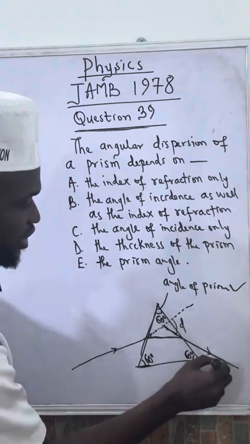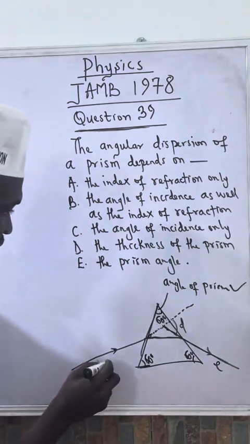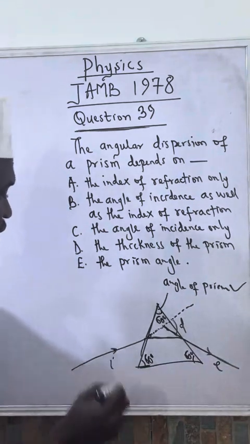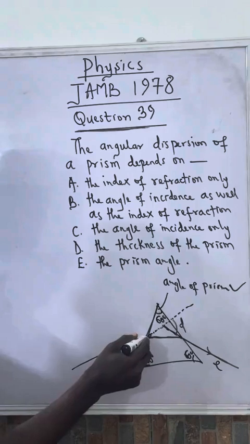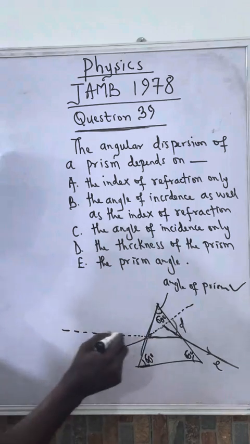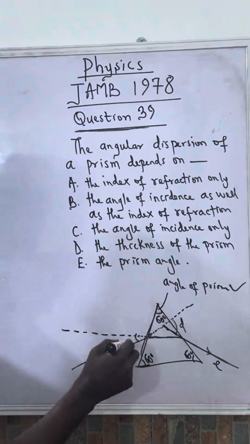This is known as the emergent ray, and this is known as the incident ray. Now we can extend this line also. This line indicates the incident angle.